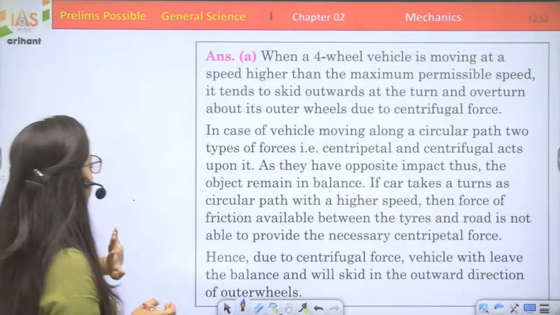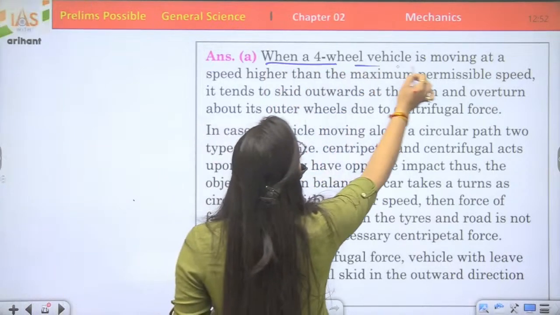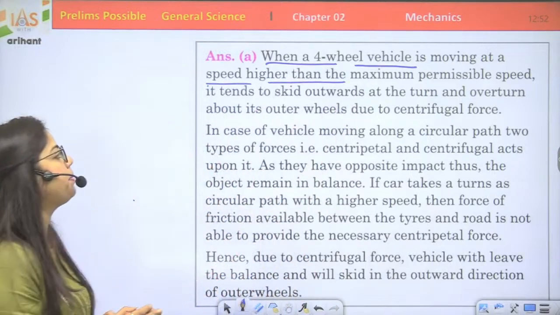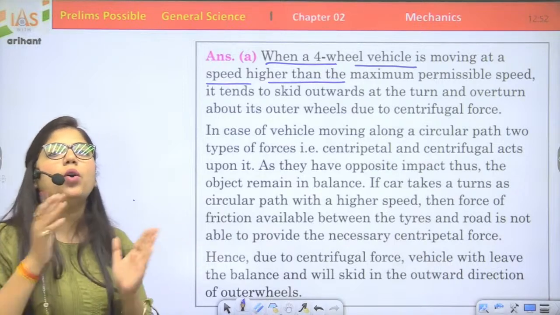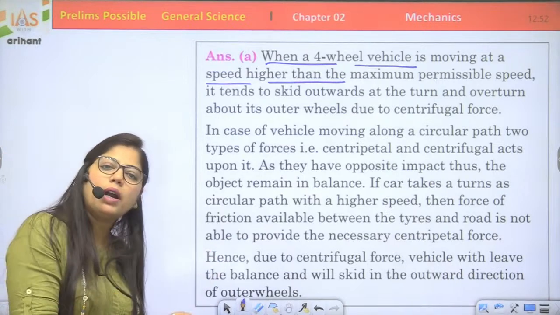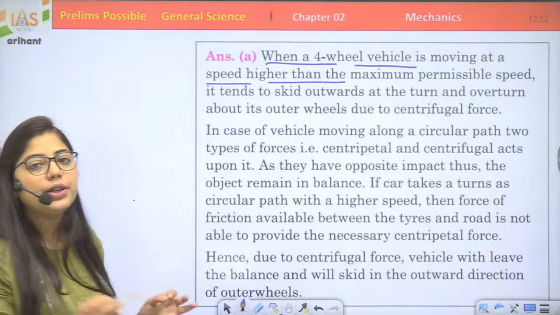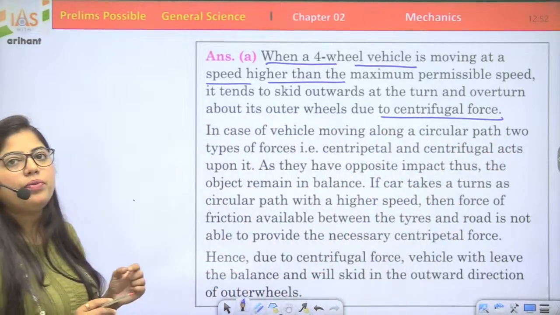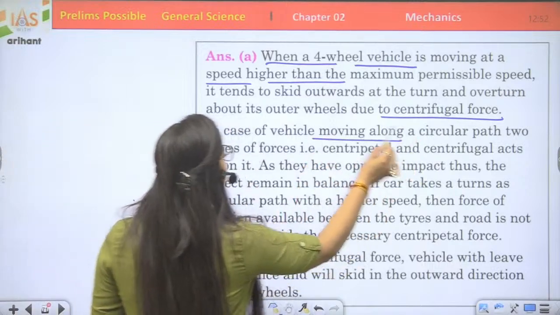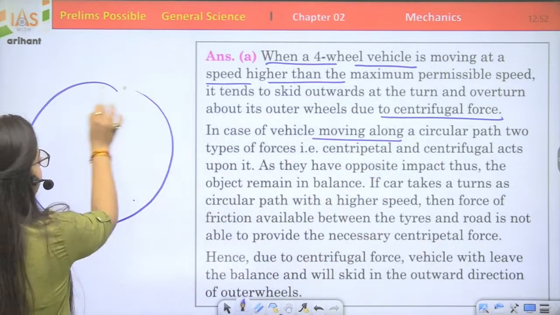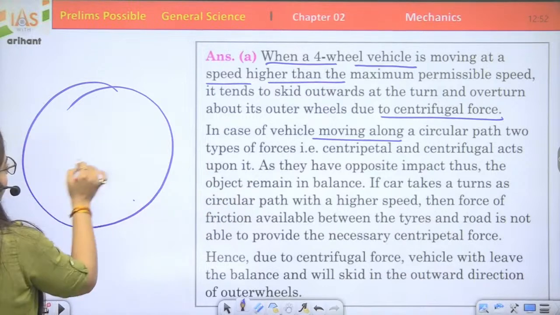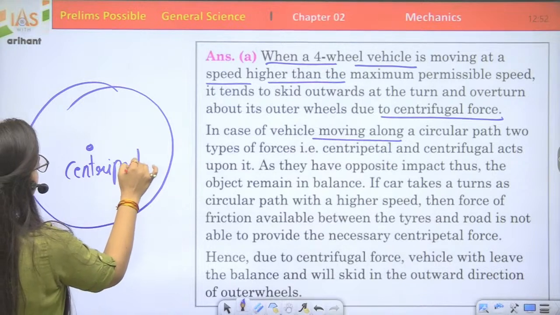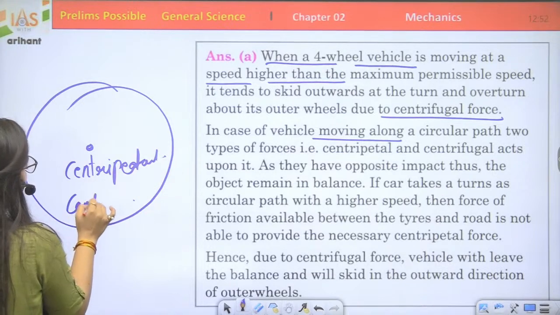Okay, this is the right example. When a four-wheel vehicle is moving at a speed higher than the maximum permissible speed, it tends to skid outwards at the turn and overturn about its outer wheels due to centrifugal force, right? In case of a vehicle moving along a circular path, there are two types of forces, that is centripetal and centrifugal.